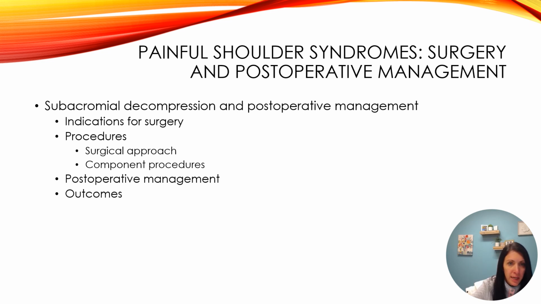Obviously, patient education, avoiding certain postures, and talking about exercises and ADLs that would be involved. Active unassisted shoulder range of motion is permissible as long as shoulder motions are pain-free and they have proper scapulothoracic and glenohumeral control. So this may be possible as early as 2 weeks post-op.